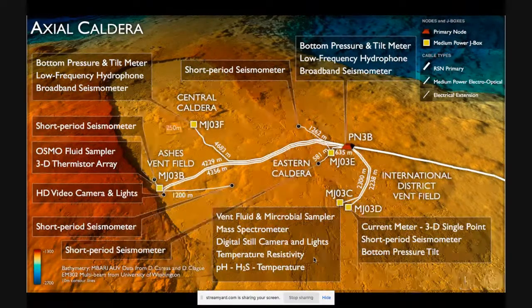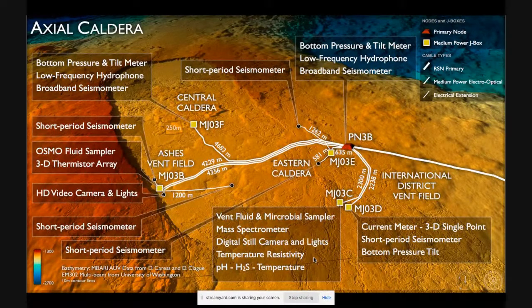At the base of the volcano, it's about 3,000 meter water depth, and then up at the caldera, it's about 1,500 meters. So it's about a mile tall volcano, and also about a mile below the surface of the water. You can see some of the instrumentation there, a very heavily geophysical array. So we can see the inflation and deflation of that caldera through the eruption cycles.